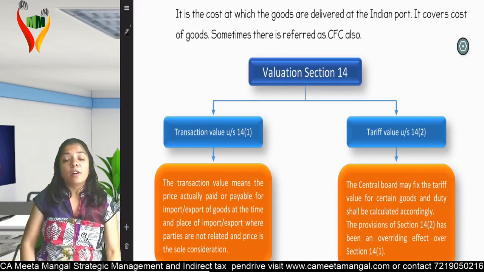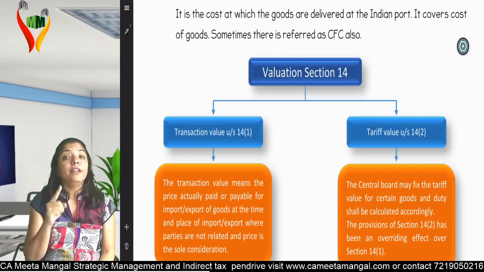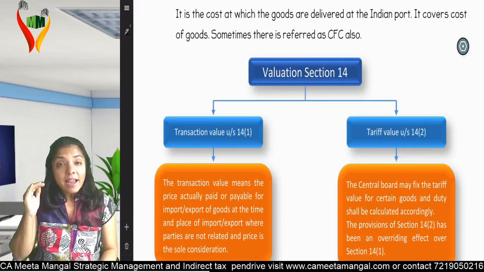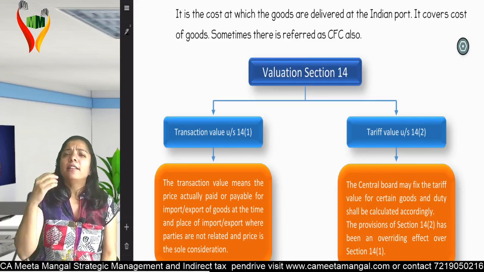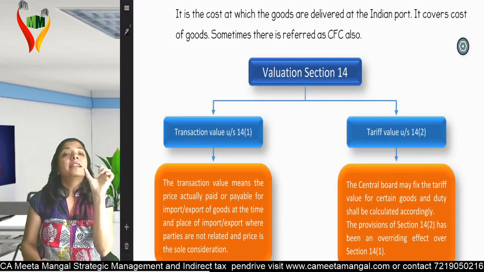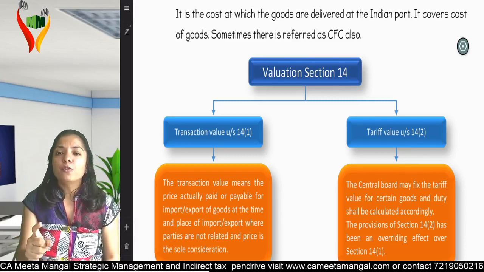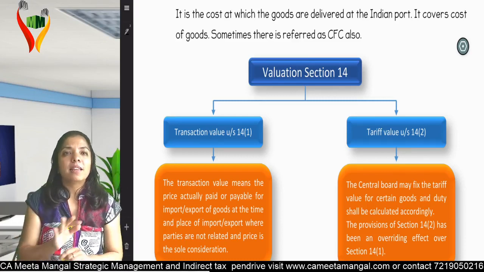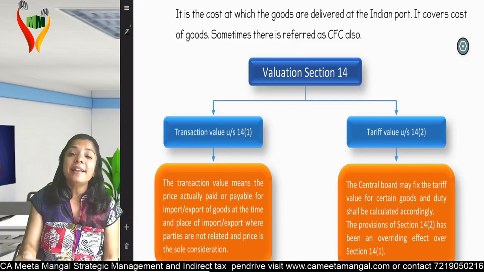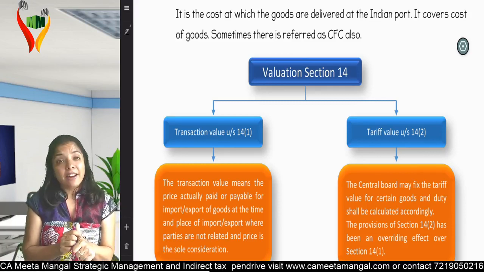I'm discussing 14(2) first. Tariff value: if the government has given the tariff, tariff means rate, on this value you will have to pay the custom duty. Game over. You will have to pay duty on that value only, because the government has given that tariff. That is called tariff value.